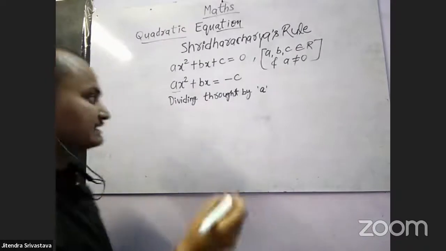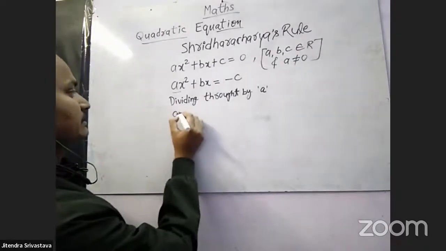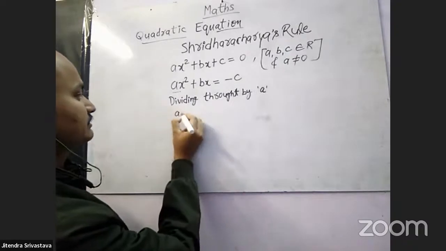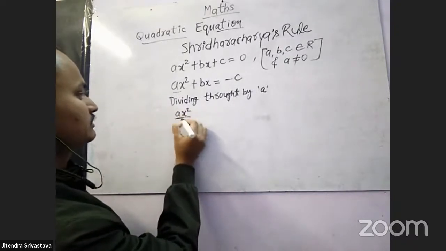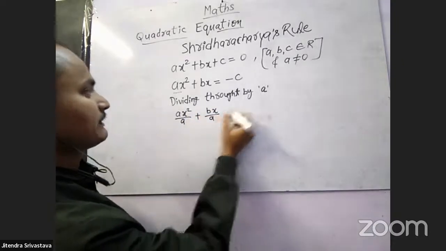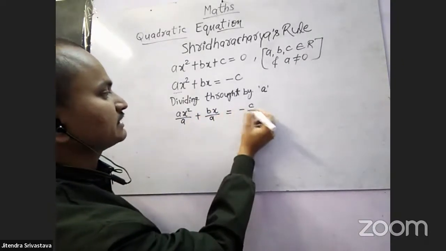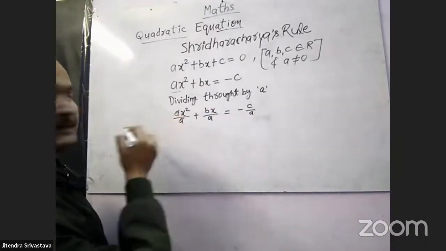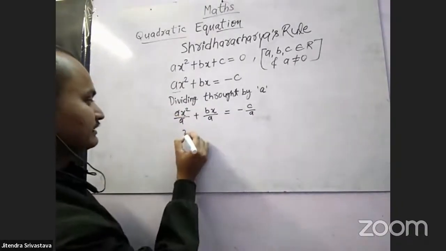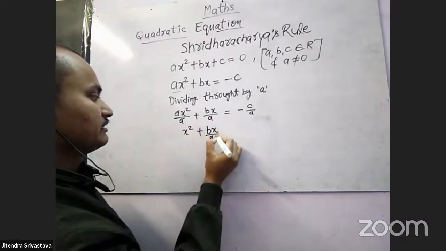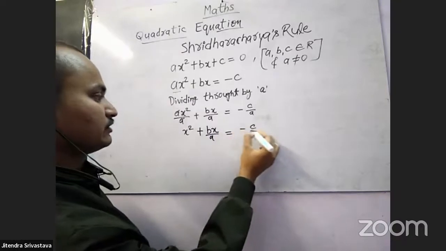What will we get? x square upon a and plus bx upon a equals minus c upon a. This a will cancel this a. So we will get x square plus bx upon a equals minus c upon a.